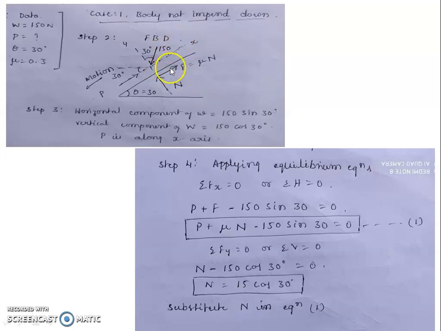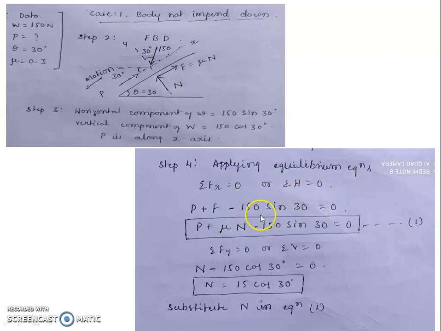It is parallel to the x-axis, so it is plus F. And this weight component I will resolve along the horizontal axis, and it acts downwards, hence it is minus 150 sin 30.